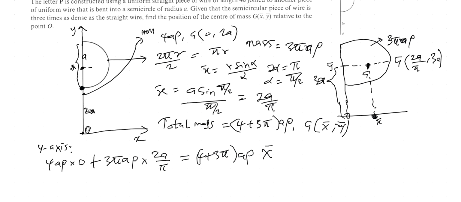I can cancel pi and rho, and I'm having x bar equal to 6a over 4 plus 3 pi. This is my x bar.